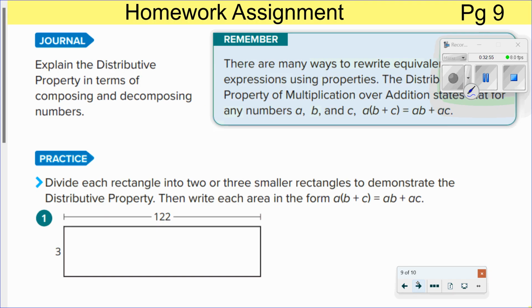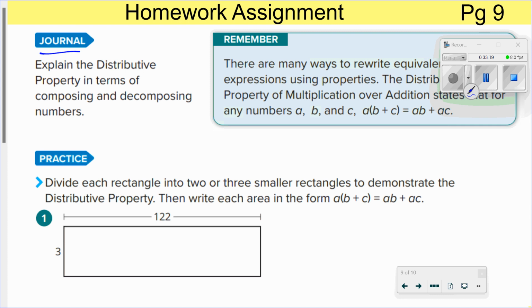No, we got to go, it's time for homework. Okay, here's your homework, guys. Everyone tear out page 9. Tear these out, put them in your binders so you can take them with you easily. Couple quick notes. Journal entry. There is room here. Guys, you are listening. All you got to do is tell me how you're using that to compose and decompose numbers. In other words, how are you breaking them up?